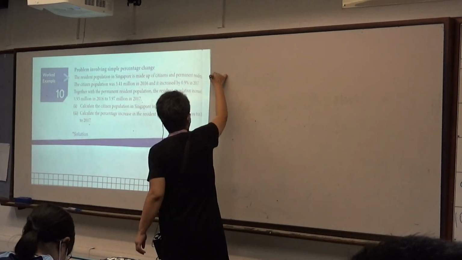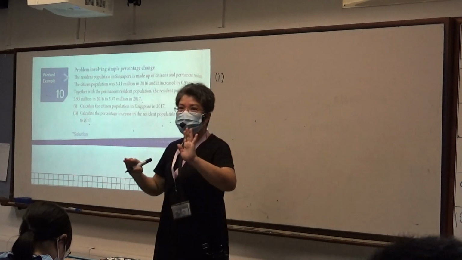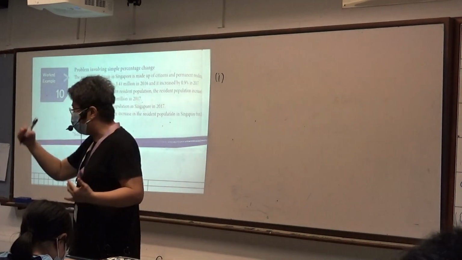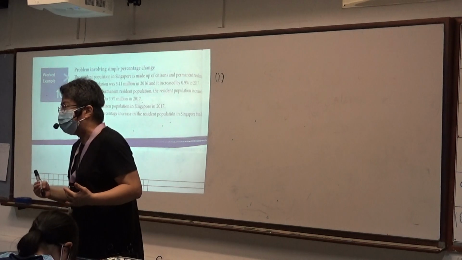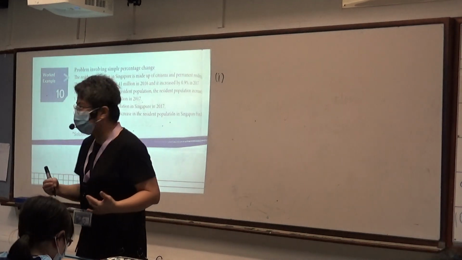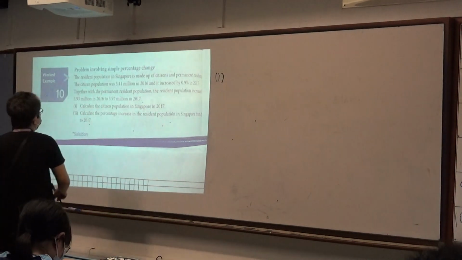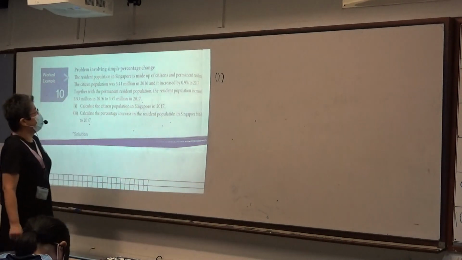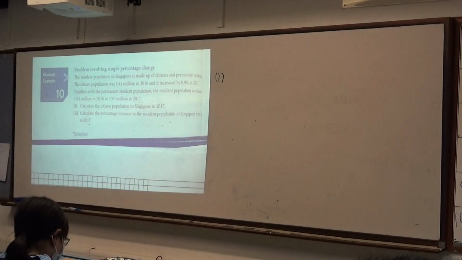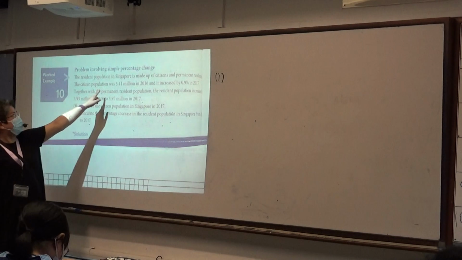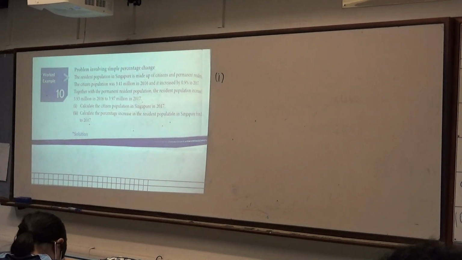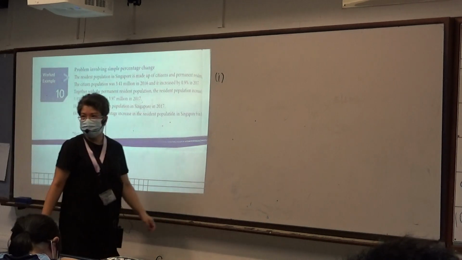Okay, let's look at the first one. All of you look at the first part. Okay. Now, the citizen population was 3.41 million in 2016 and it increased by 0.9%.